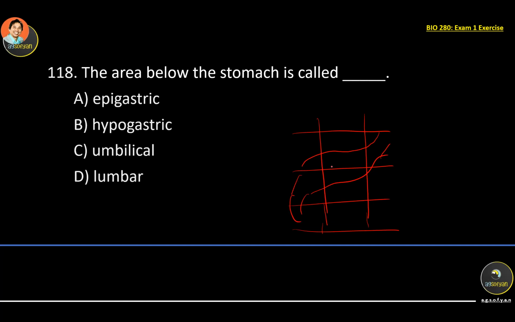The stomach, another word is gaster. If it is on the top, it's called epi. If it is below, it's called hypo. So hypo and epi. The question is below. Below the stomach is called the hypogaster, or hypogastric.